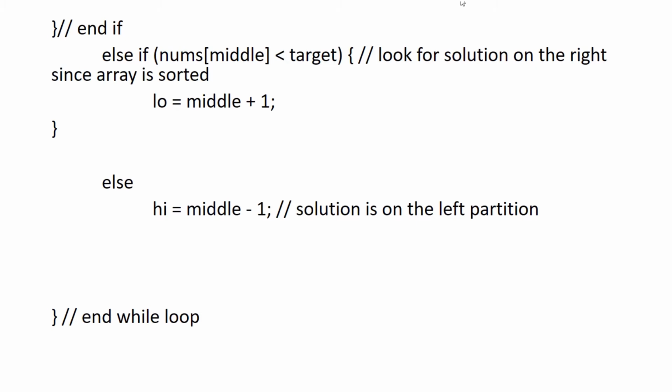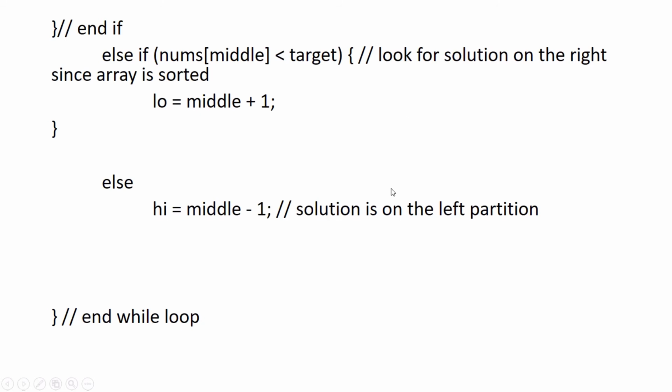So that means we have not gotten to where the target is yet, because the middle is still less than the target. Because the target is on the right side, we shift our low to the right, towards the area of the target. So low now becomes middle plus 1. We don't need to check middle because that has been taken care of with the first if. So it becomes middle plus 1.